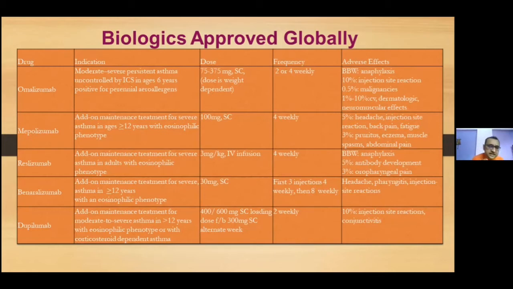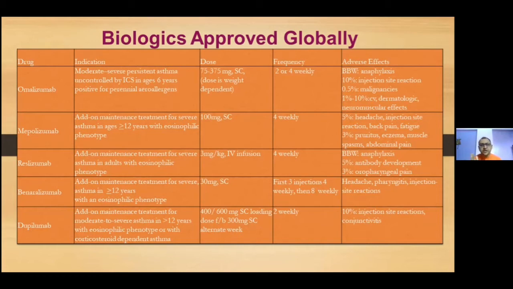Let's see the indications that are present in the label. For omalizumab, for airway allergy, the specific indication is moderate to severe persistent asthma that is uncontrolled by inhaled corticosteroids in ages 6 years or more, but they should be positive for perennial aeroallergen. That means a skin prick test is there.